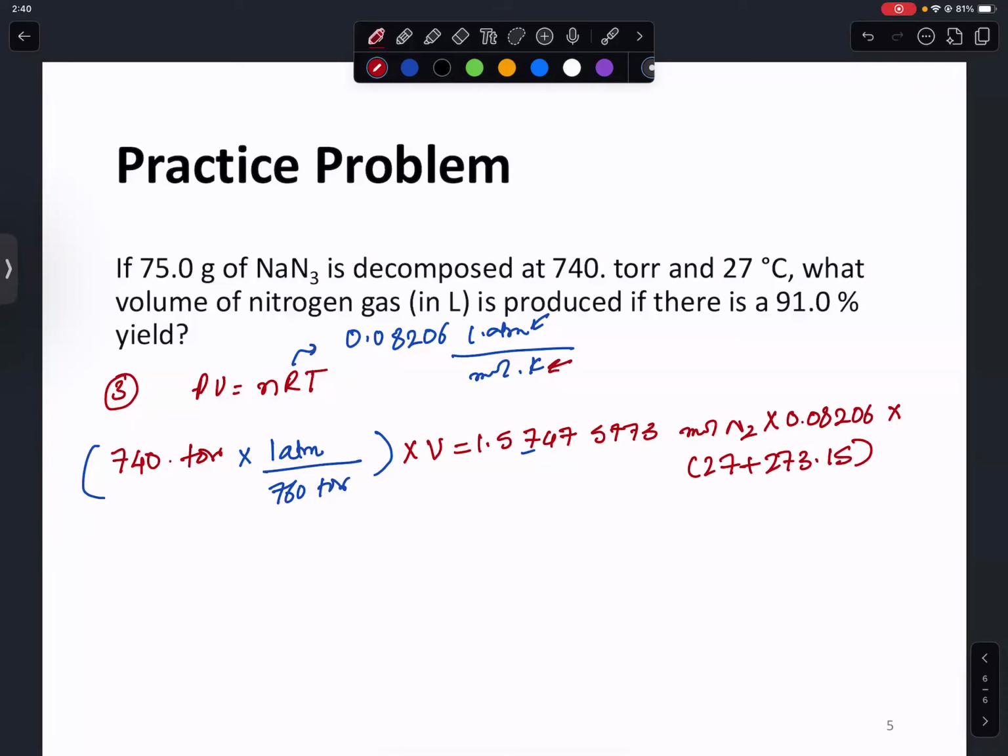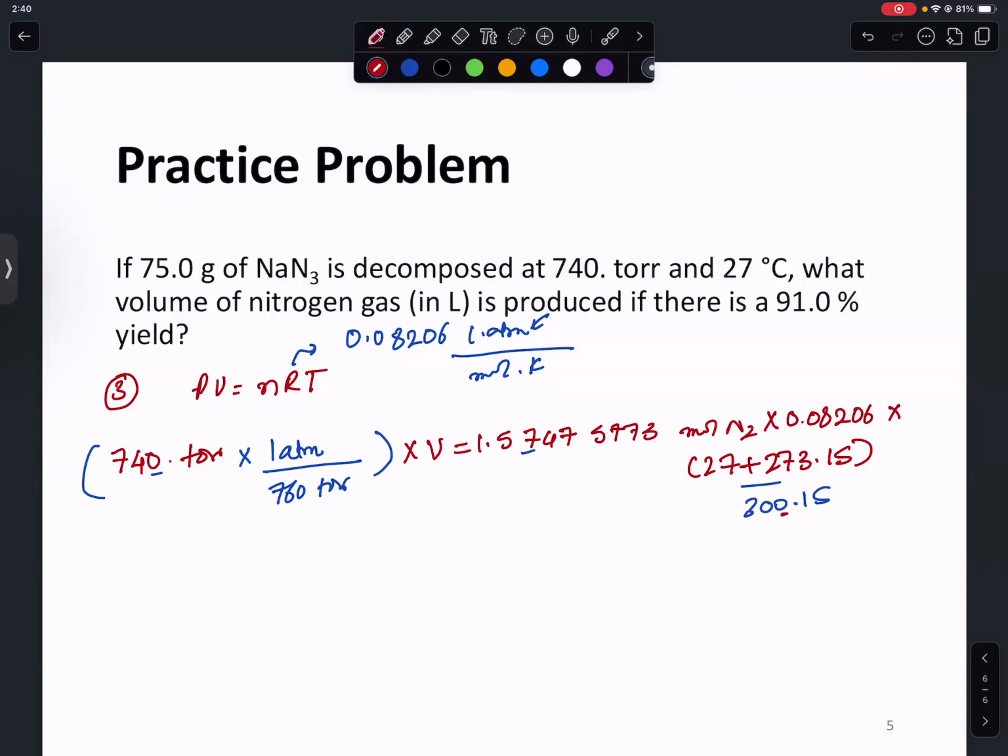And let me now track my sig figs. So I have here, it's 740, it's three sig figs. I have here 3 sig figs, and the 27 plus the 273.15 will give me 300.15.